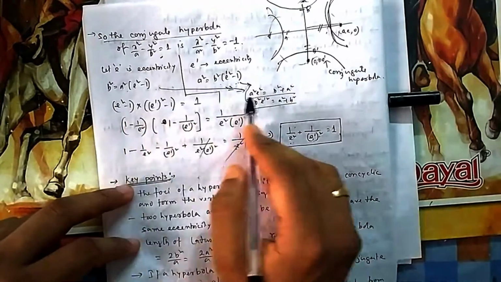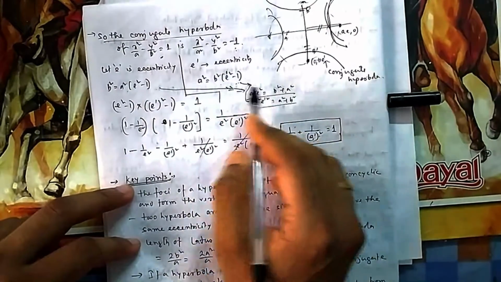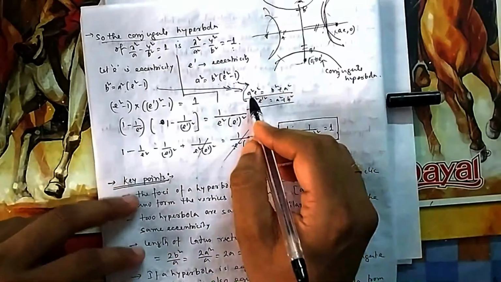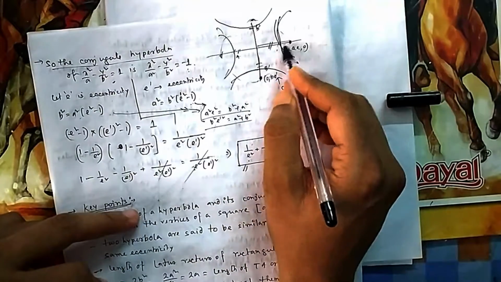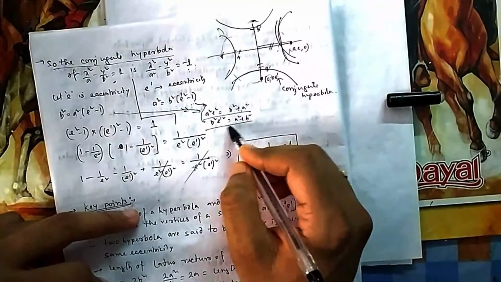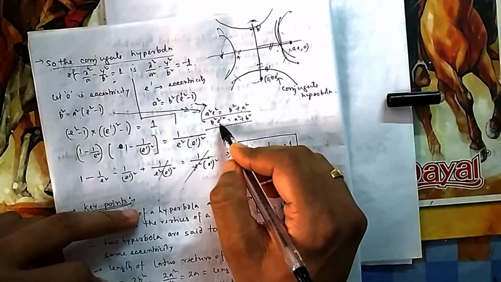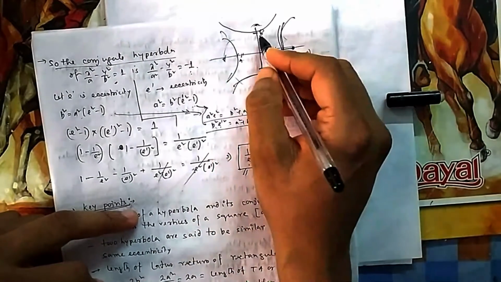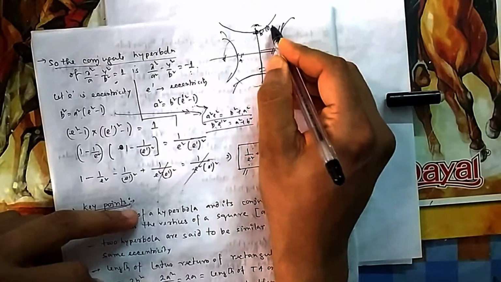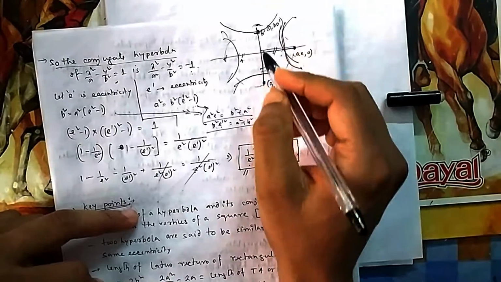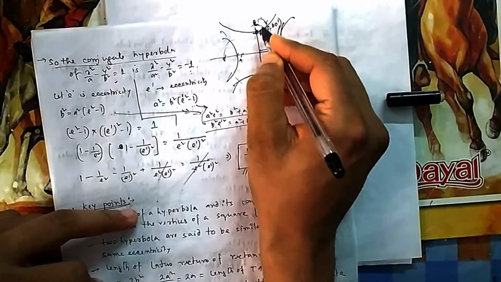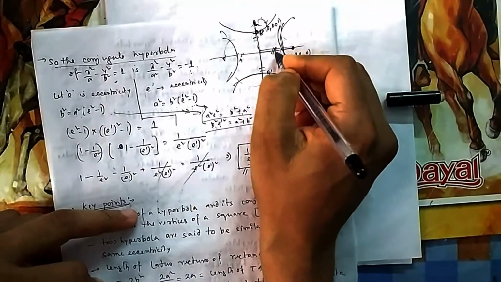And from here one more observation, which we will do in the key points analysis. You can see a square e square is equal to a square plus b square, and b square e dash square is nothing but also a square plus b square. Now what is ae in the original one? ae is the distance of the focus. What is be dash? It is the point 0 comma be dash, that is the focus distance. So the foci are equidistant.